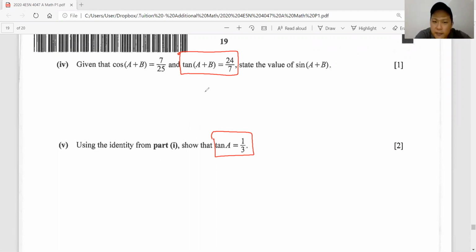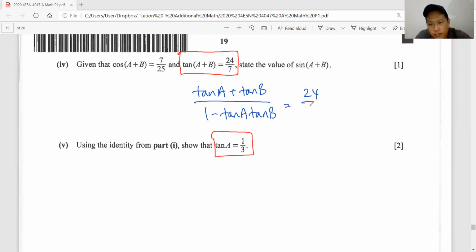So tangent A plus B, you use the addition formula: tangent A plus tangent B over 1 minus tangent A tangent B equals 24/7. Then now what you do? You sub in the 1/3 because tangent A is 1/3, you know already.